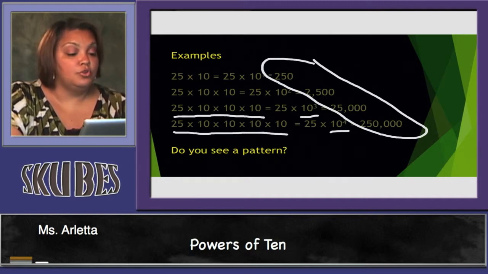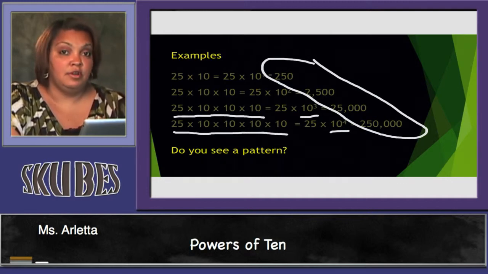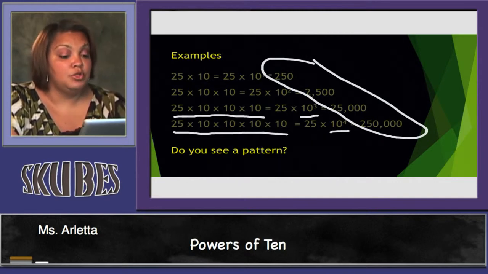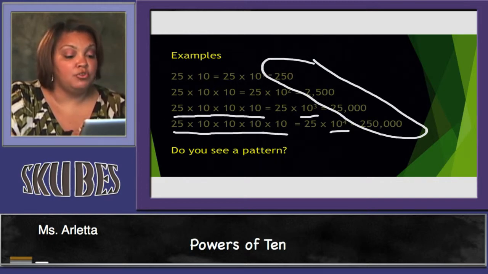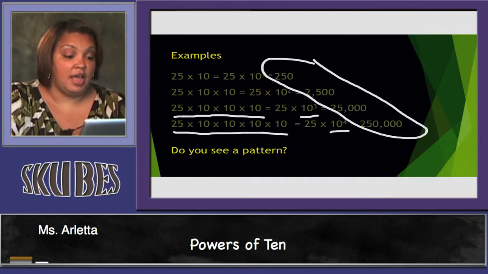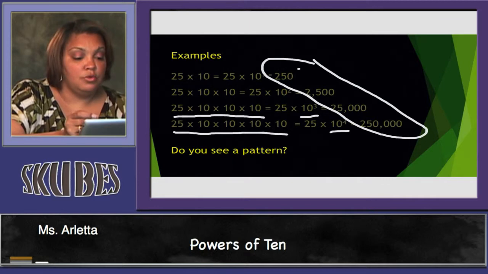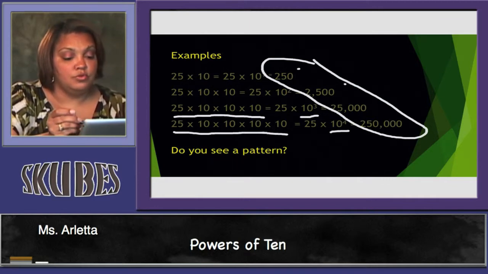Now the number turns into 2,500. For the very next one you have 3 zeros, and the last one you have 4 zeros, but they are all right behind that 25, which makes your number greater by 10 each time. 1 zero, 2 zeros, 3, and 4.